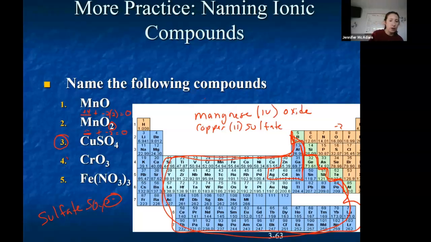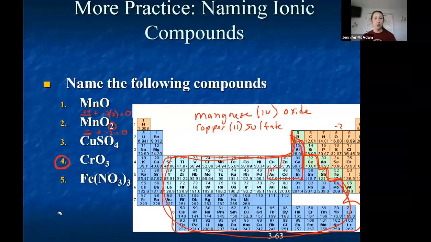Okay, number 4. If you get number 4, that means you got this. So number 4, try this one. This is one of the most difficult ones. So if you get number 4, that means you're pretty good with ionic naming. And if not, it's okay. We still have time. We have a couple weeks we're working on this.